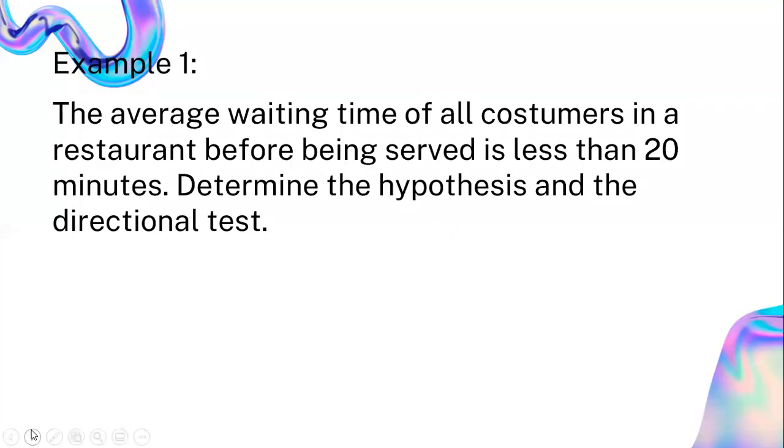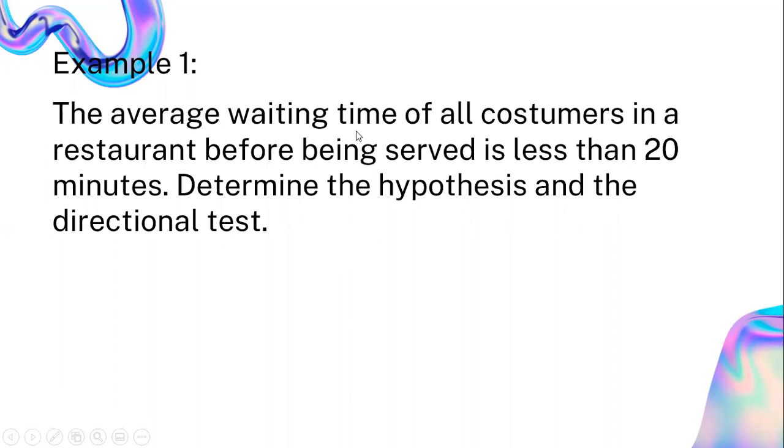Let's try this given example. The average waiting time of all customers in a restaurant before being served is less than 20 minutes. Determine the hypothesis and the directional test. You need to know first the parameter given.